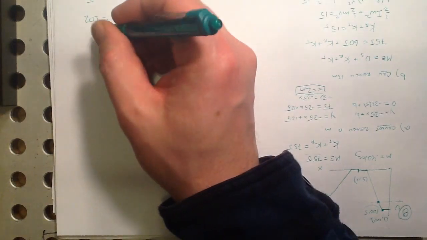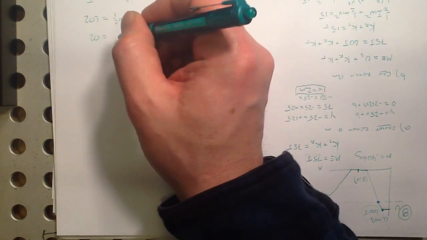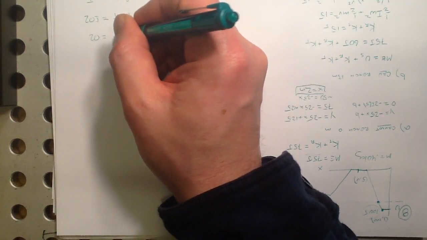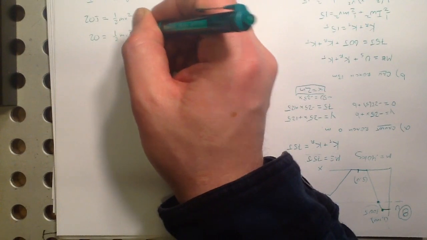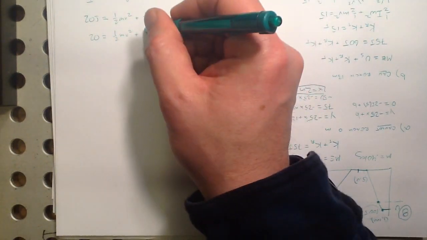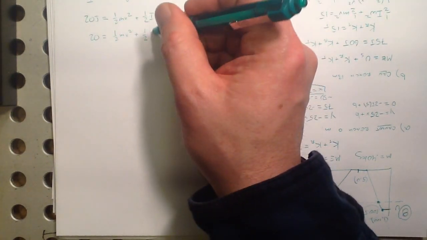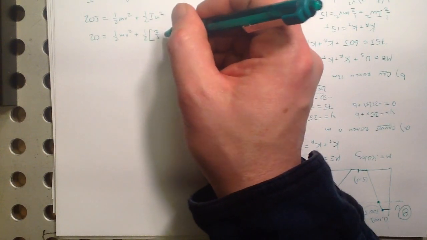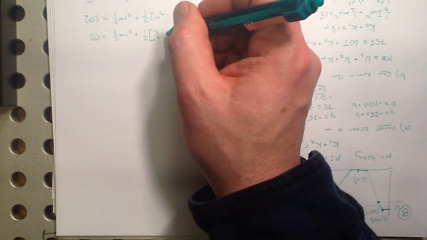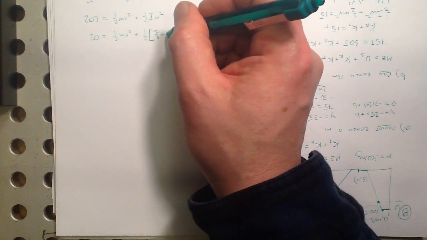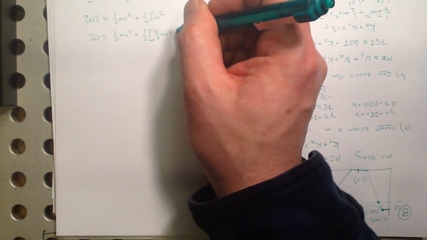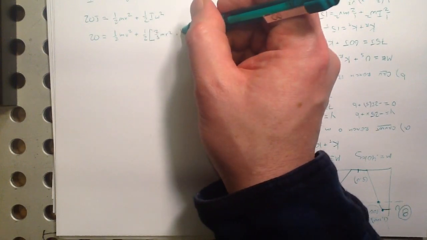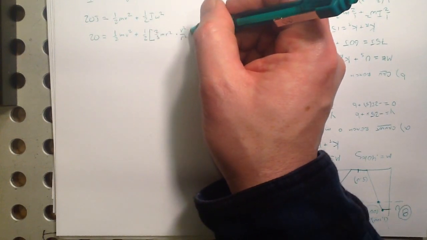So, similar to the last problem, that's 1/2 m v squared plus 1/2 I omega squared, where I is 2/3 m r squared.